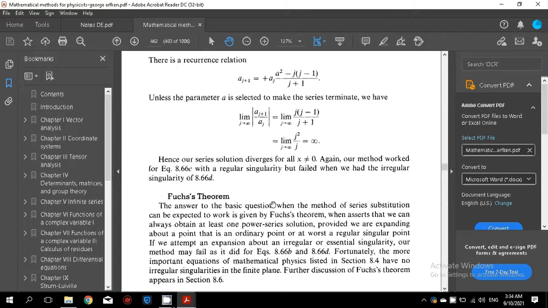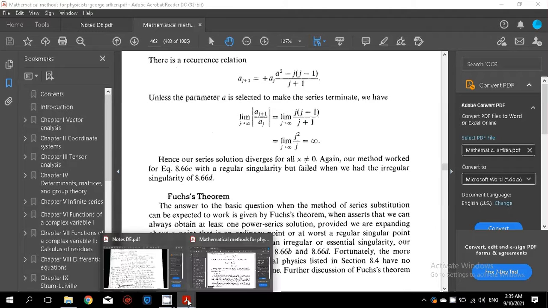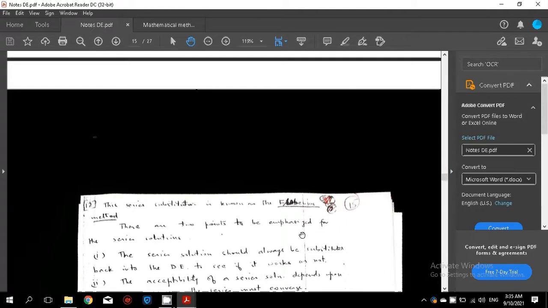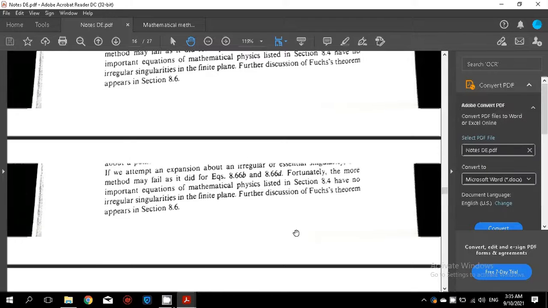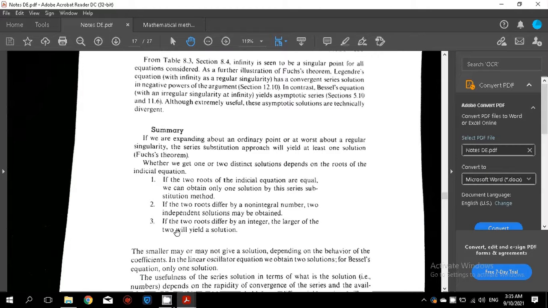The second step is that, here is the statement: if we are expanding about an ordinary point or at worst about a regular singularity, the series substitution approach will yield at least one solution.